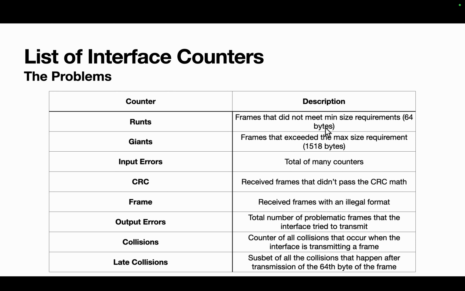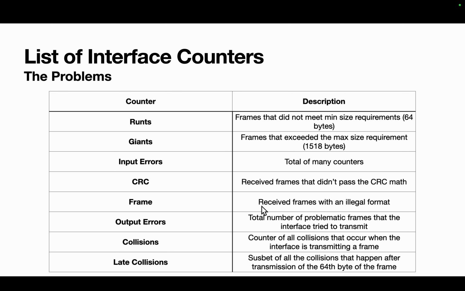So if it didn't even meet the minimum, then it's called a runt. If it exceeded the maximum of 1518, it's referred to as a giant. Input errors are a total of many counters, including runts and giants. CRC means received frames that didn't pass the cyclic redundancy check math.